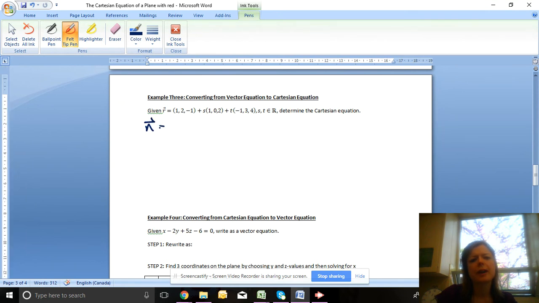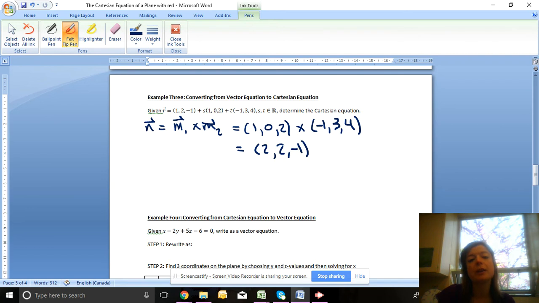So the normal would be the cross product between the two direction vectors. So you would be taking (1, 0, 2) and crossing it with (-1, 3, 4). And that results in (2, 2, -1) when you do that and scale it.